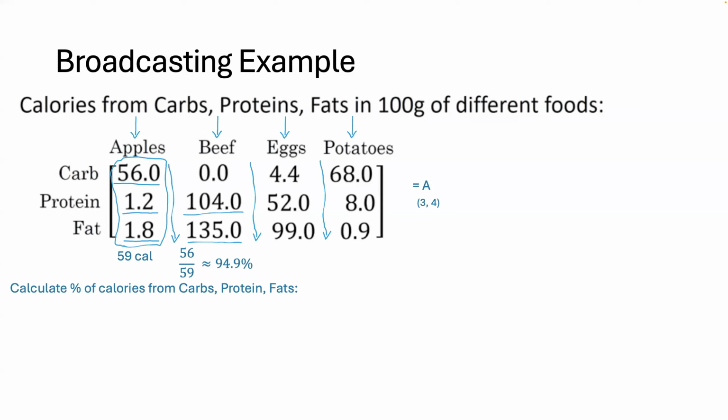So just to repeat the two lines of code that we had, this is what we have written so far in the Jupyter Notebook. We said here that cal is equal to A dot sum with axis 0, and we said the percentage is 100 times A over cal dot reshape 1 by 4.